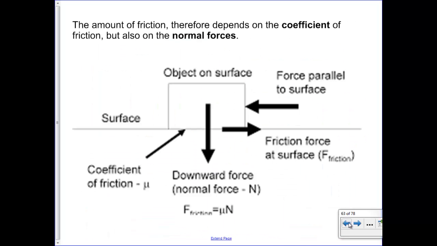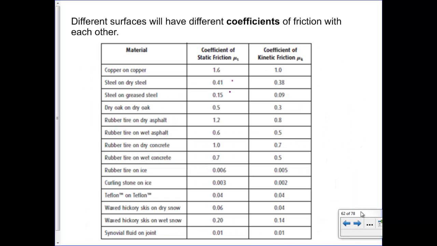Go back a slide. What number am I looking for? Do we have to remember that? No, I will give you this table if you need it. It's 0.06, this number here. Sometimes we can look this number up if it exists in a table somewhere.